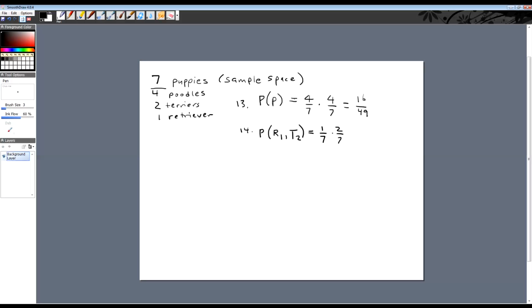There are only 2 terriers. So this probability is 2/49.